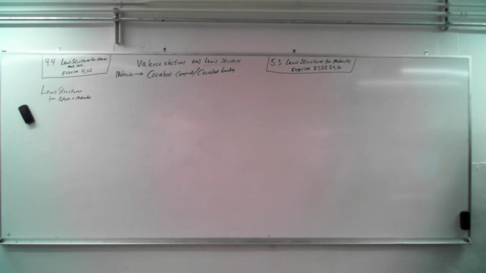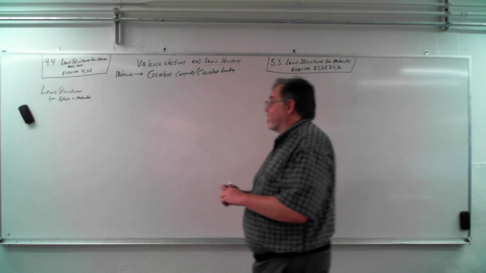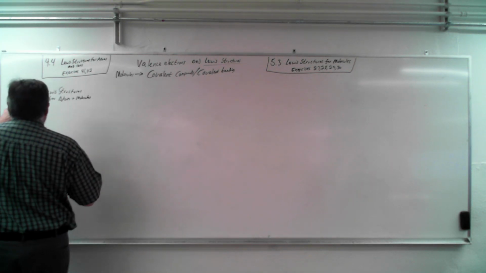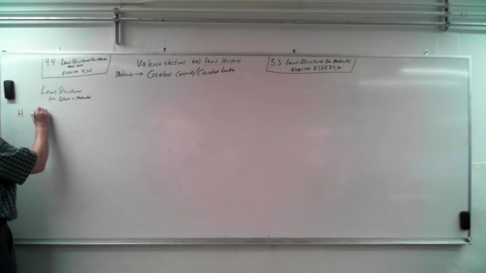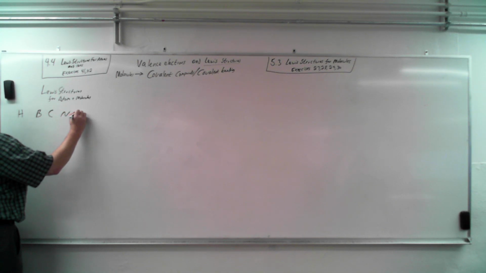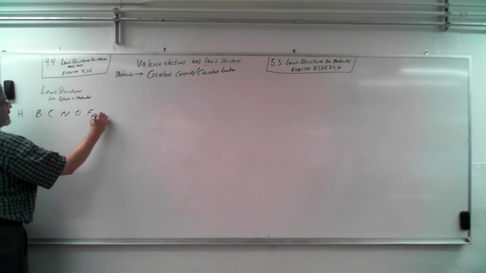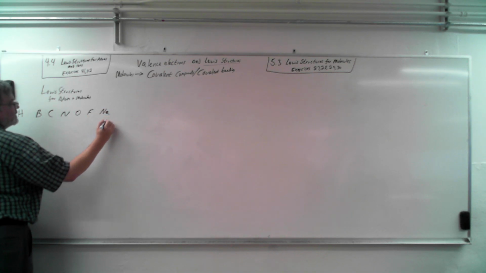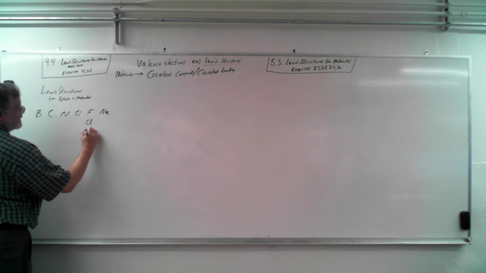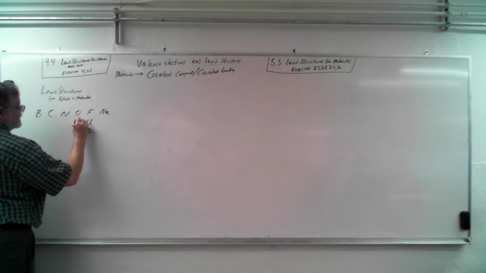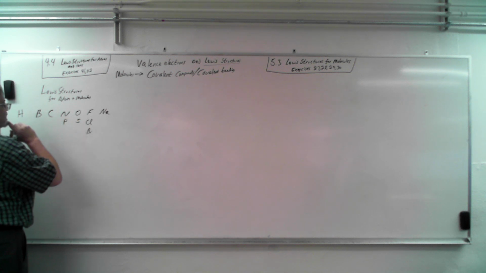All right, so if I say give me the valence structure, let's do hydrogen, I'll do boron just for an example, and those two: chlorine, bromine, sulfur.